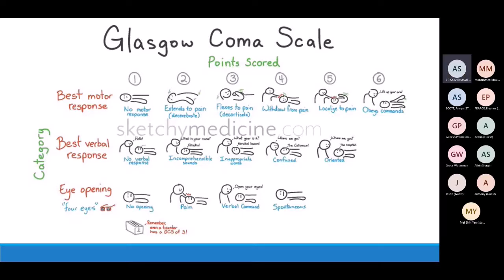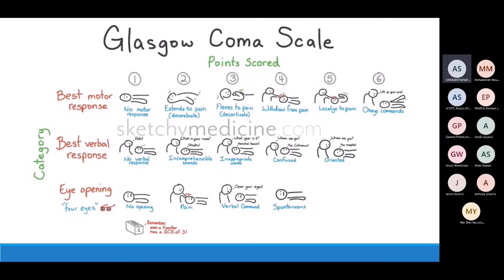So maximum 6 points if they're able to obey your commands and do what you ask them to do. 5 is if they're localizing to pain. So if, for example, you're squeezing the trapezius, if they're able to move your hand away, that's 5. But if they're not listening to you and obeying your commands, then they're not actually properly awake.